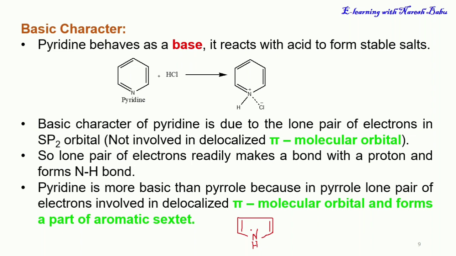In pyrrole, the lone pair of electrons on the nitrogen is delocalized in the ring system, so it is not available. An electron pair donor we call a Lewis base, according to the Arrhenius, Bronsted-Lowry and Lewis acid-base concepts. Since the lone pair is not available in pyrrole, its basic character is very low compared with pyridine. But pyridine has an available lone pair of electrons, so we consider it more basic.